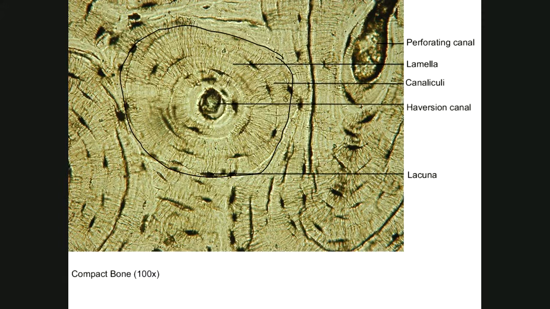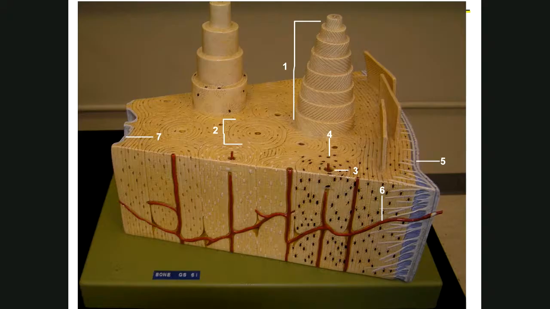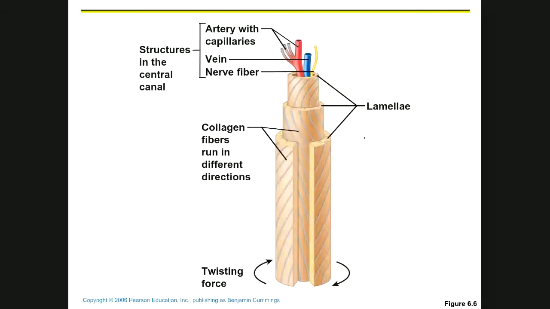So each one of these tree or stump-like structures is the functional unit of bone, and it's called an osteon. Well, if you look in the center of every osteon, there's going to be a blood vessel there in a tunnel or a canal. So if we blow it up, they look like this.